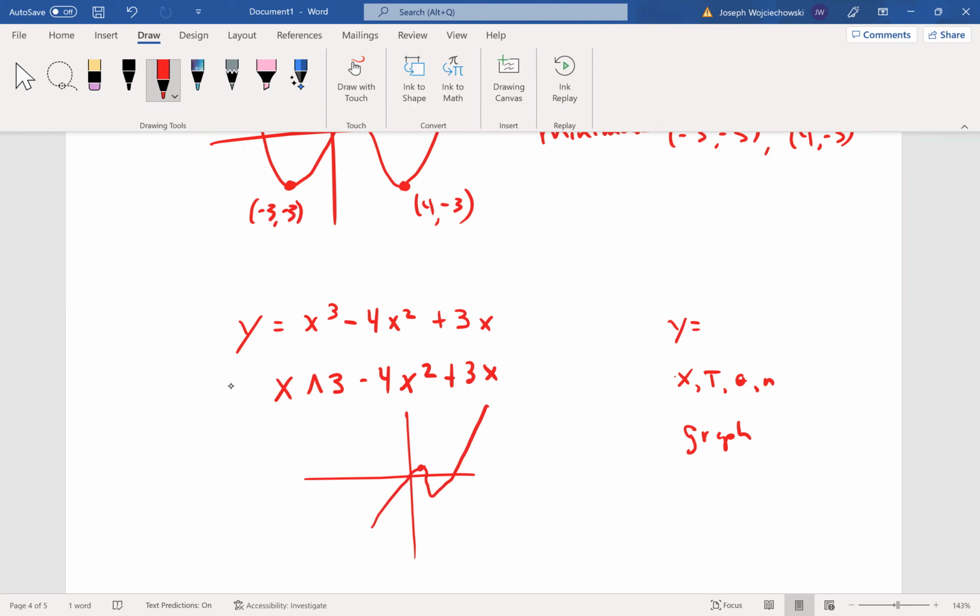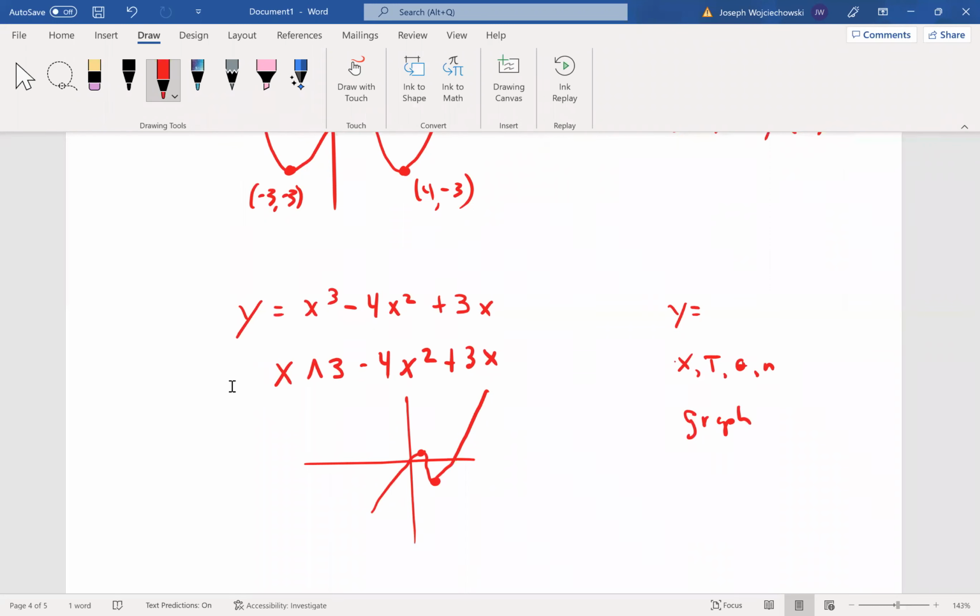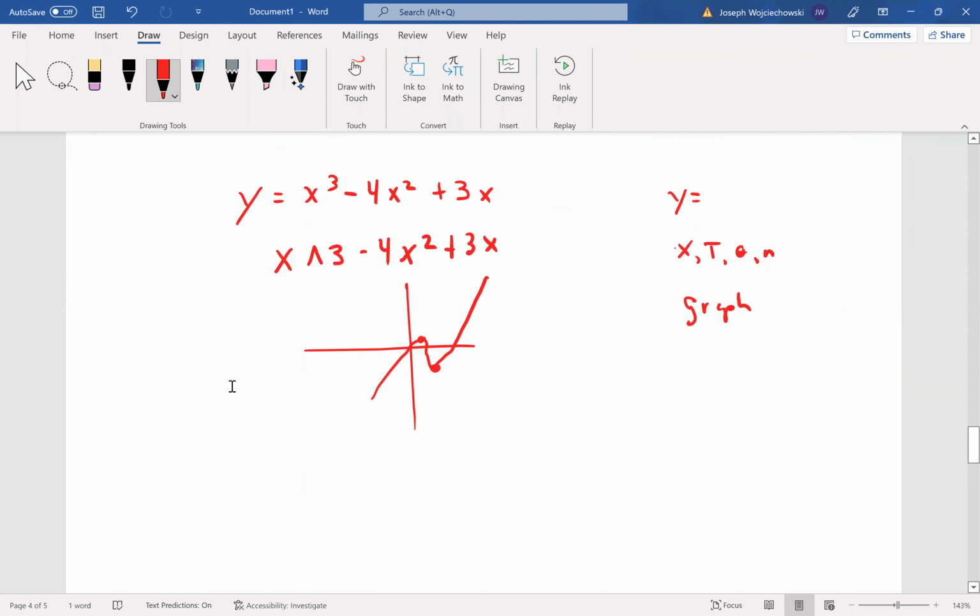So it looks like I have a maximum here and a minimum here. I can find these with my calculator. I can hit second and trace. This will give me the calculate menu. Let's find this point here. So I want to find a maximum.